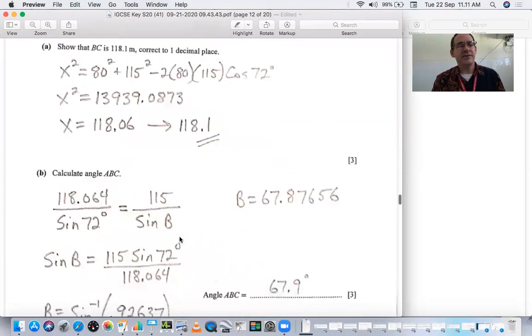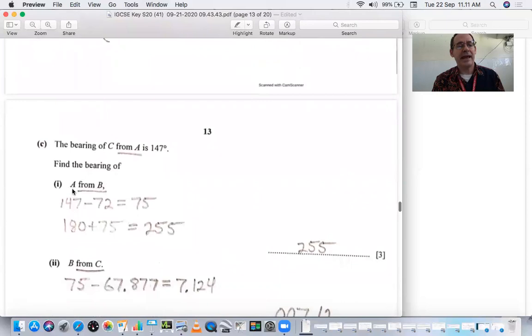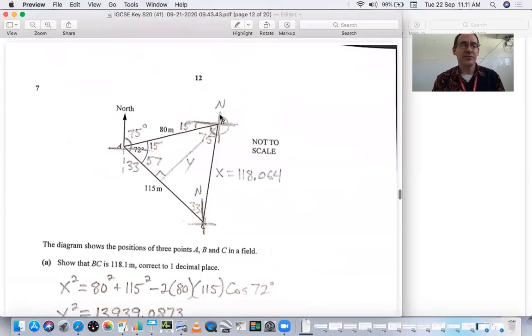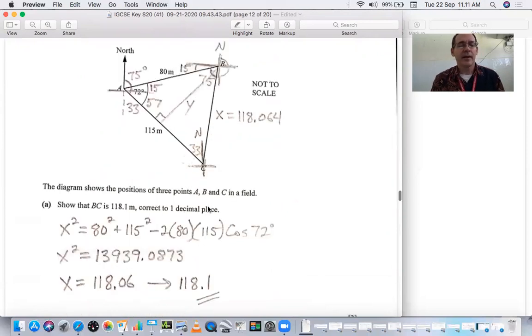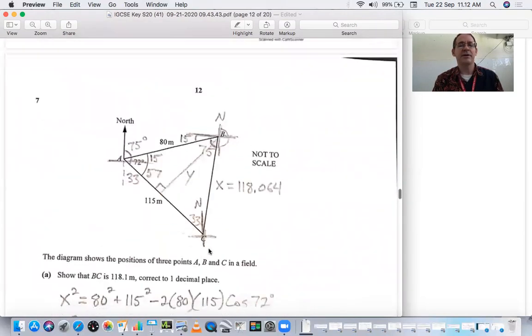And then it says, find the bearing of A from B. So we want to start from B and go around until we are facing A. So what we have here is 147 minus the 72 gives us 75. And then 180 plus the 75 gives us 255.